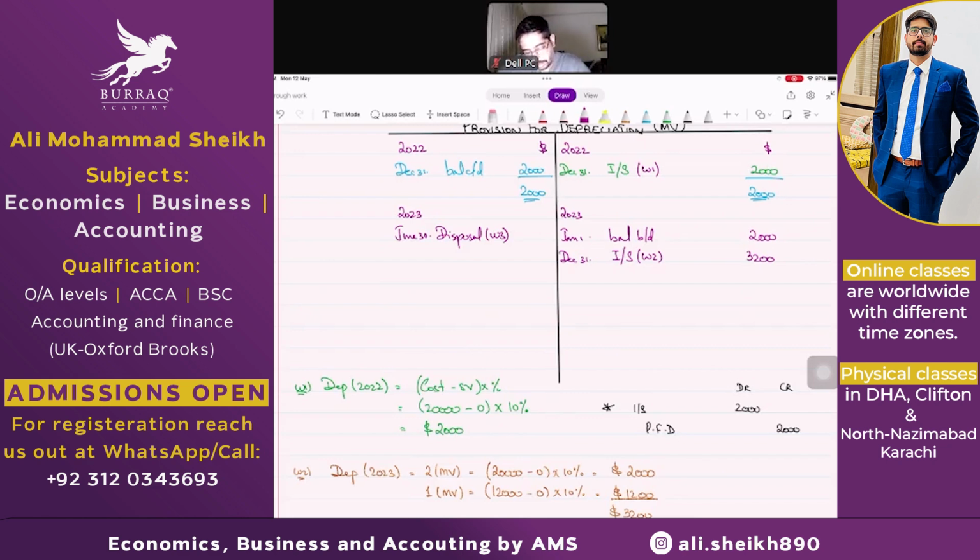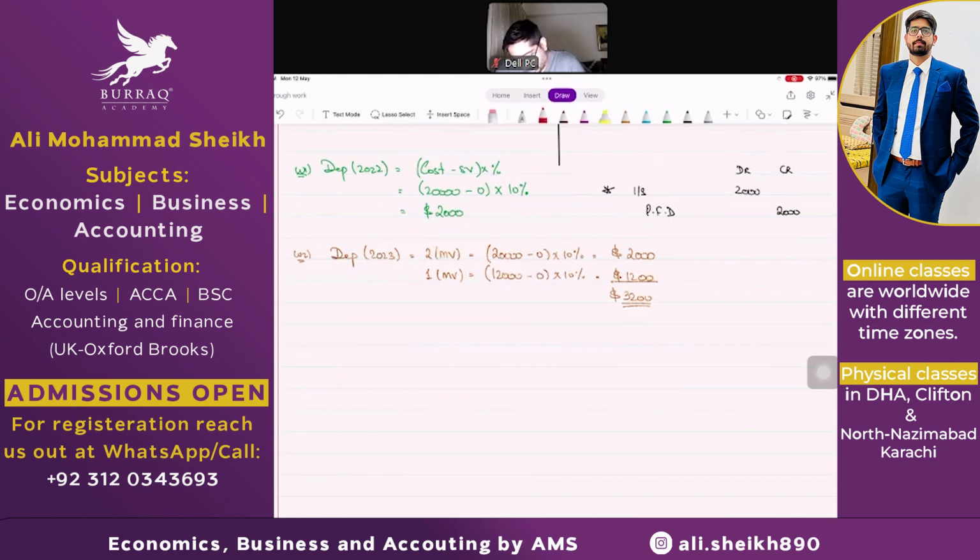So let's do working number 3 with a different color. I am finding disposal figure of accumulated depreciation of the motor van which was bought on 1st January 2022 and sold on 30th June 2023.